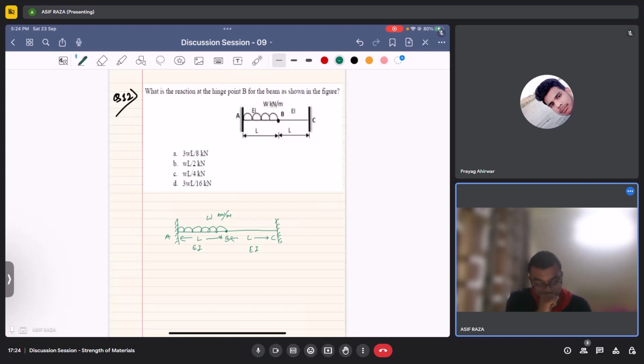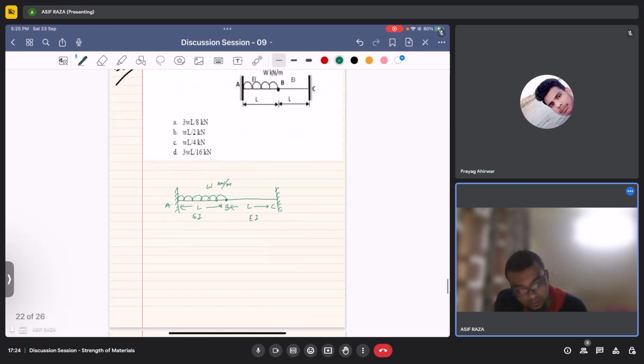Okay. So if you understand the scenario, what will happen is this is a hinge, right? So due to this loading, this point will try to go down, and since it is connected to this section, this part will try to resist it, right?